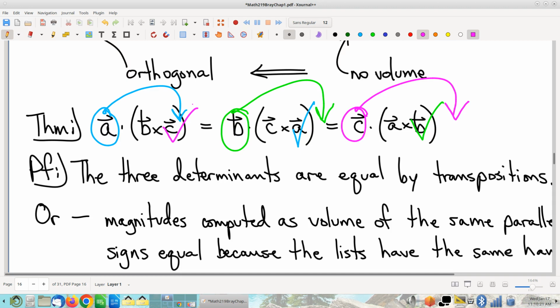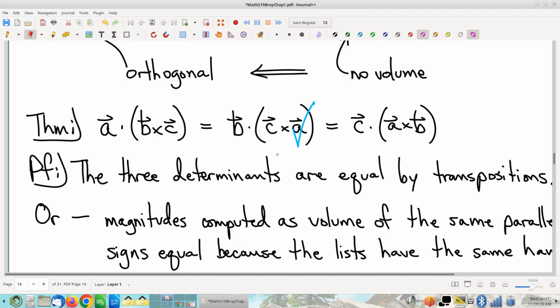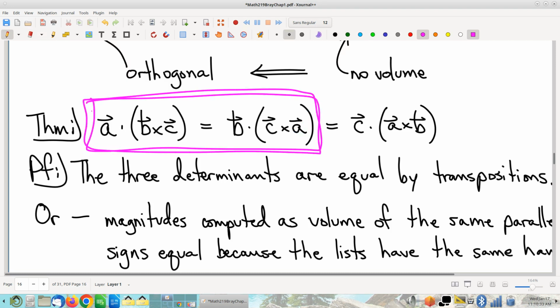Now, if you take a non-determinant point of view on this, it looks mysterious, very shocking. Looking at this equation right here, you're telling me that somehow a dot product cross product expression where B is part of the cross product equals another such expression where B is not part of the cross product.